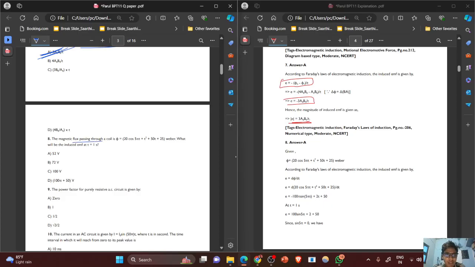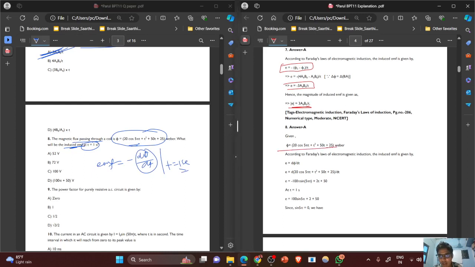The magnetic flux is given by this expression, and the magnetic field is changing with time. It is asking for the induced EMF at T equals this value. You know EMF again with the same formula, minus d phi by dt. Now differentiate it and put T equals 1 second. As you can see in the solution, flux is given, and the magnitude of EMF is given by this formula. Putting the value, you get EMF equals this.